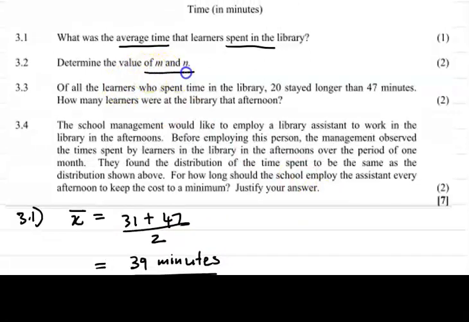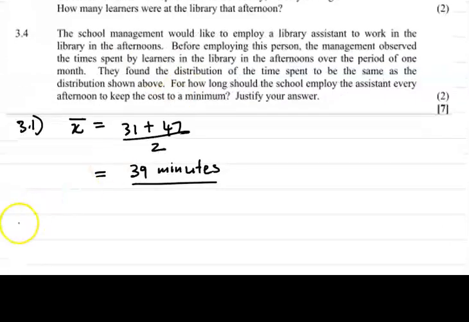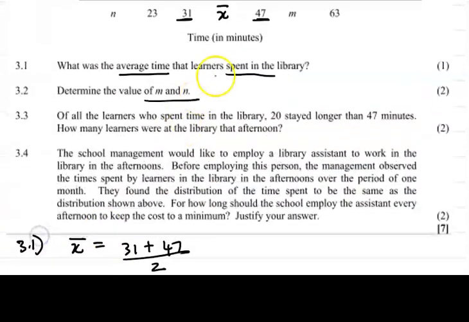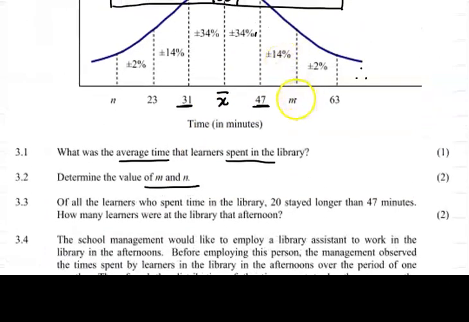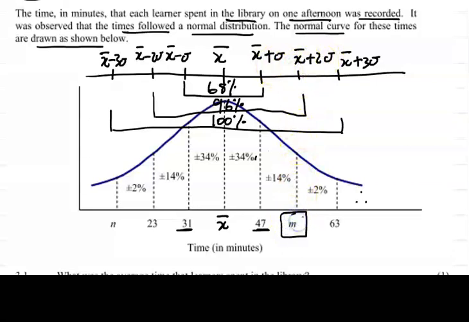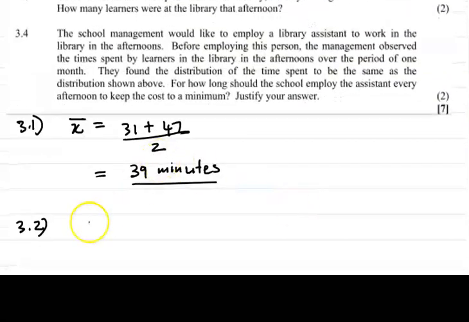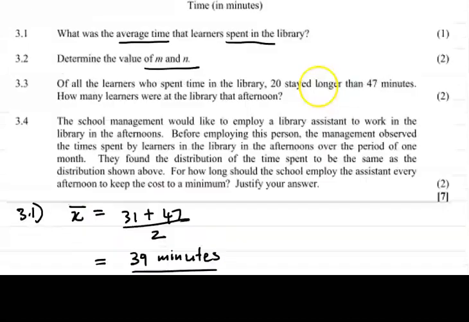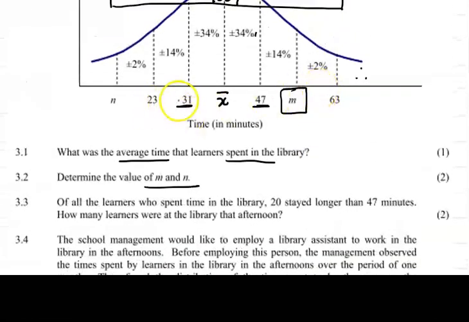Determine the values of m and n. For 3.2, this value m is, as you can see, x plus 2 standard deviations. Now that we have our mean, m is going to equal 39 plus, let's quickly work out what 1 standard deviation is.